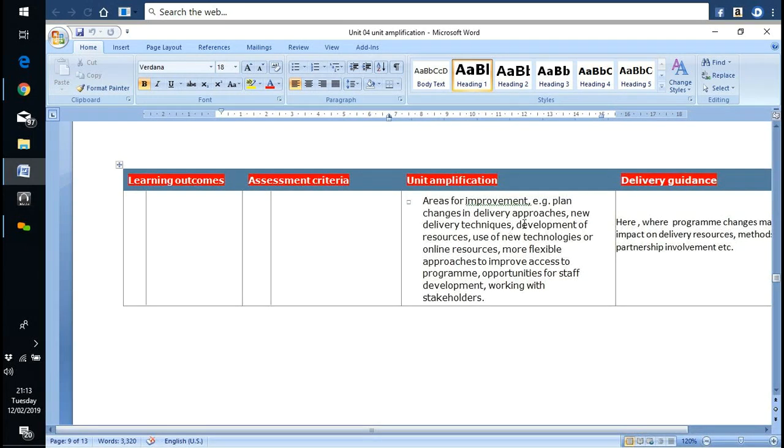Areas for improvement: plan changes in delivery approaches, new delivery techniques, development of resources, new technologies or online resources, more flexible approaches to improve.